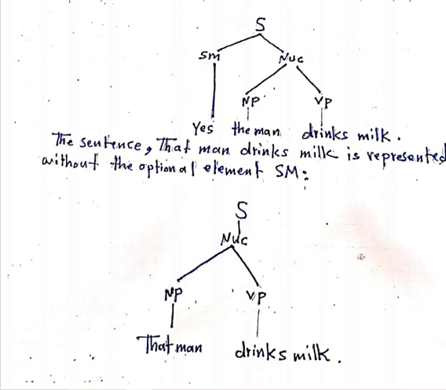In a nucleus we have just noun phrase and verb phrase. That man is the noun phrase, drinks milk is the verb phrase. We need to focus on these two trees, this one with the sentence modifier and this one without.